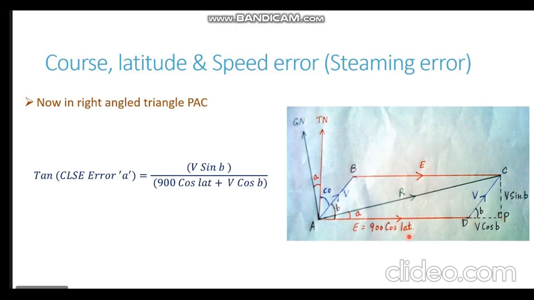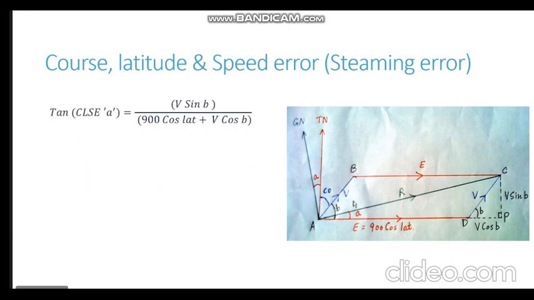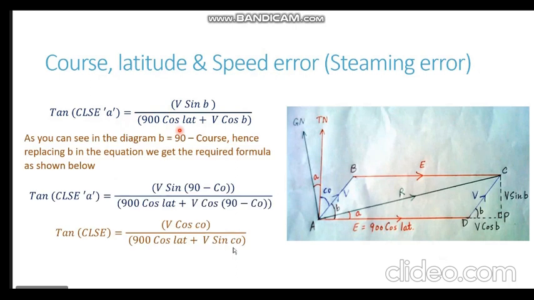Alpha delta is 900 cos lat and delta papa is Victor cos Bravo. So the same thing is mentioned here in the formula. Tangent of CLSE or small angle A is equal to perpendicular, which is Victor sine Bravo, divided by the base, which is 900 cos lat plus Victor cos Bravo. Have a good look at this, beta, and let me know your doubts now.